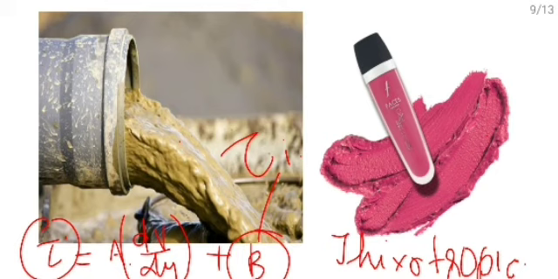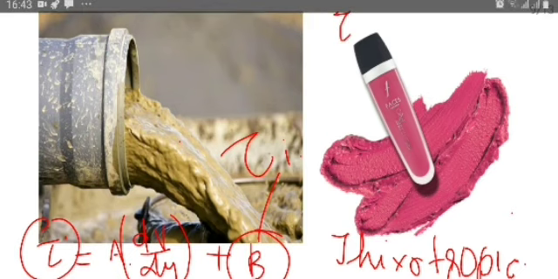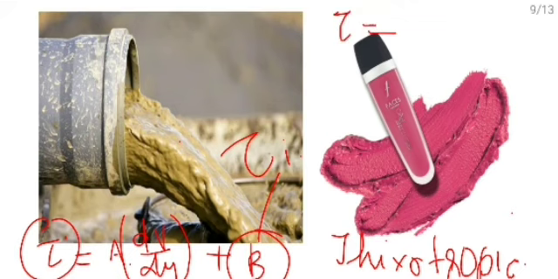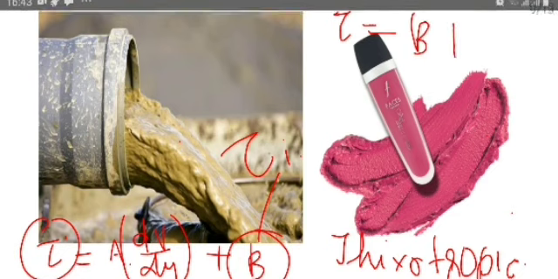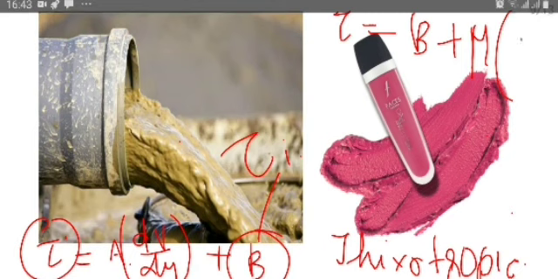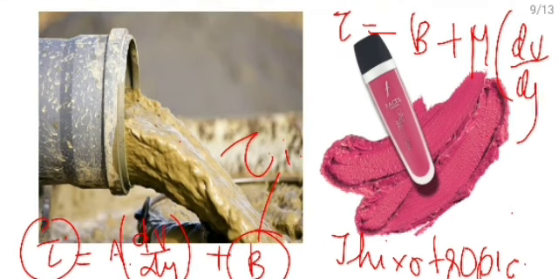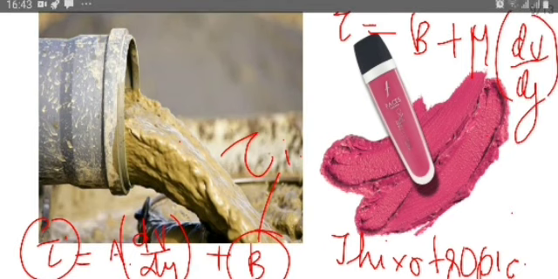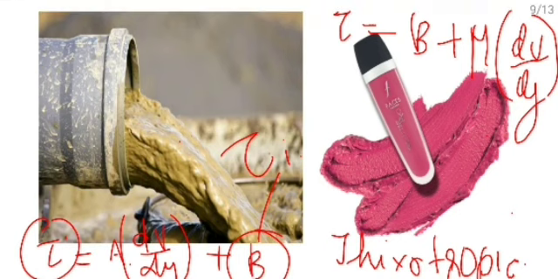So these are the types of fluids, and for thixotropic, this equation is represented as tau equal to some initial stress plus mu into dv by dy raised to n.